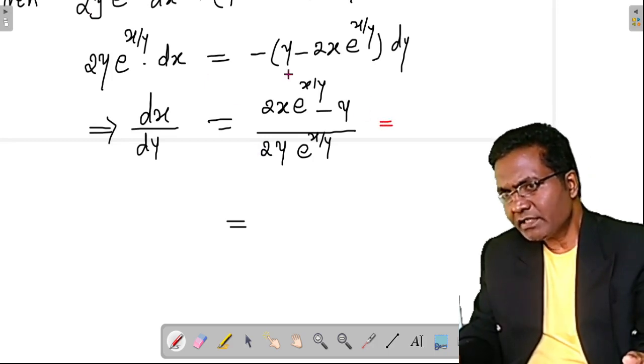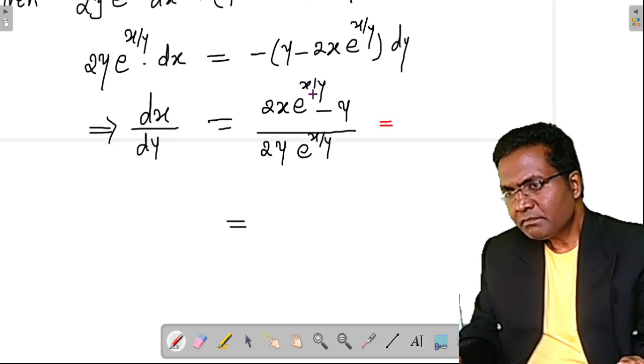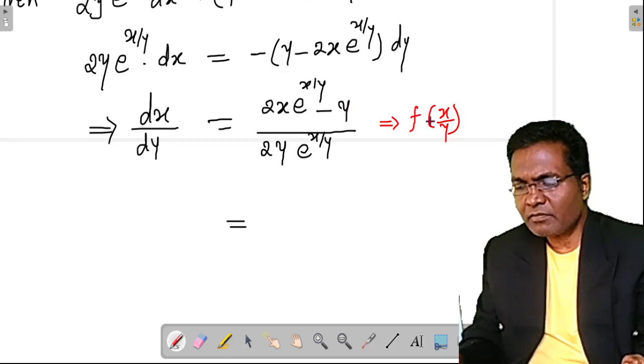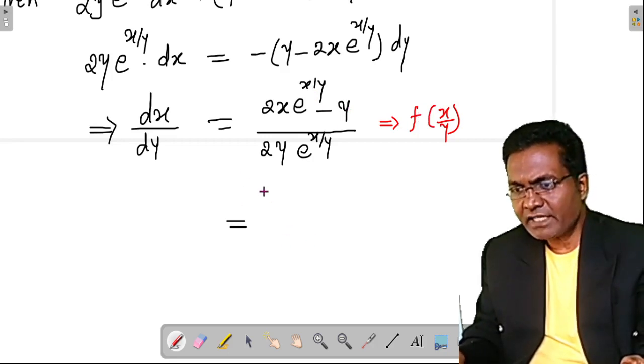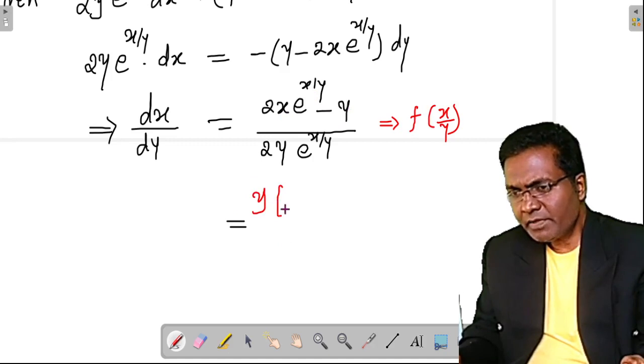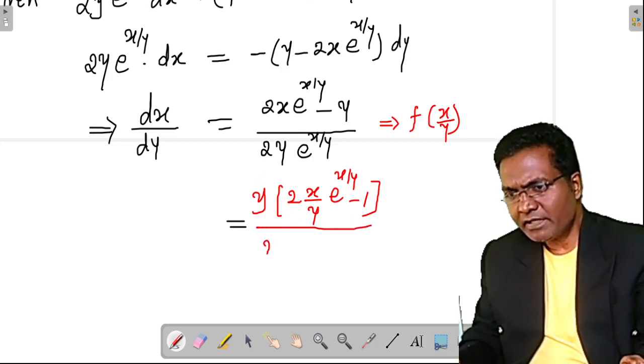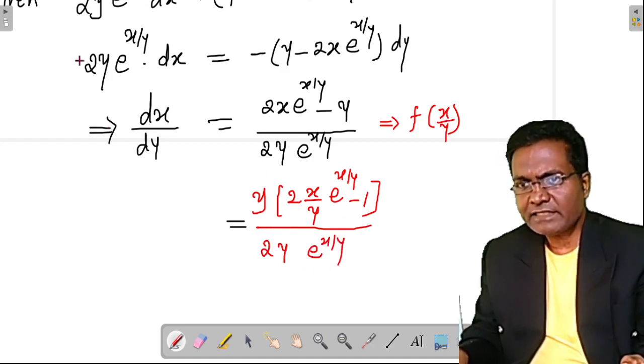Look at this: the power of e is x by y, so you need to express it as a function of x by y. So take y common in the numerator, and you will get y (2x/y e^(x/y) minus 1). Similarly, the denominator is 2y e^(x/y). Now y cancels.